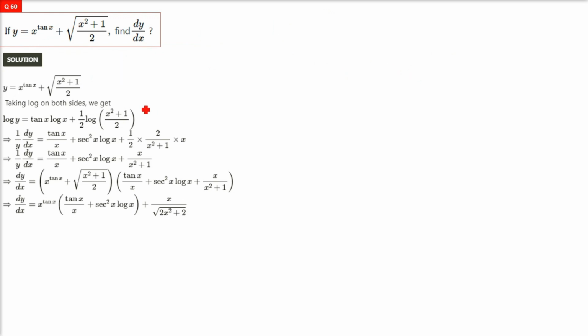Okay. Now the next thing is to differentiate this. So let us differentiate now. 1 by y dy by dx is equal to now 10x log x. So we'll have this 10x outside, log x is 1 by x. Now log x outside, 10x is sec square x.